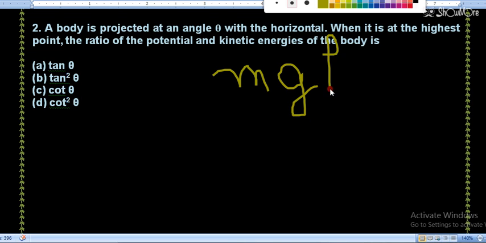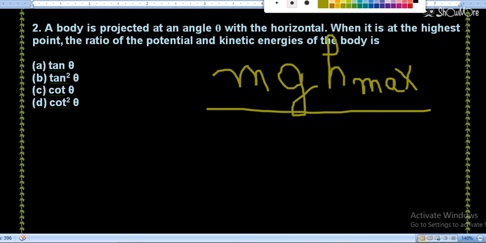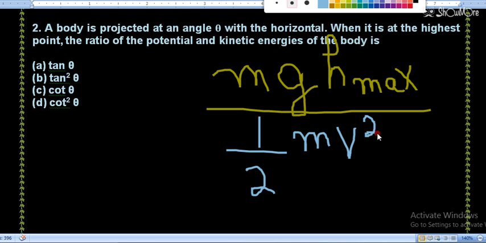So we write mgh maximum, because we have to use the maximum height in the potential energy relation, and in the kinetic energy relation we can use half m v square. V means the velocity at the maximum point. So that relation we have to use.